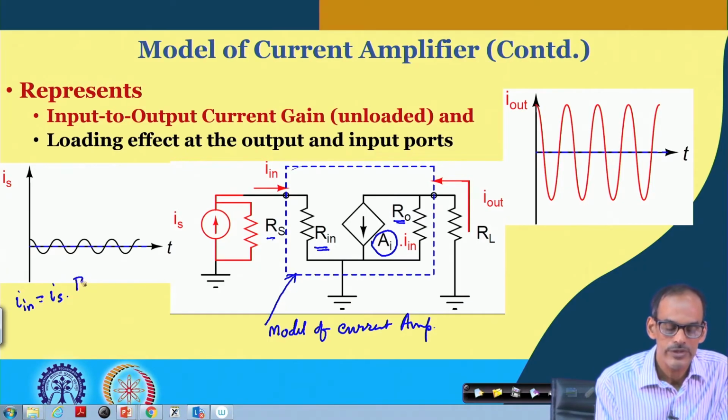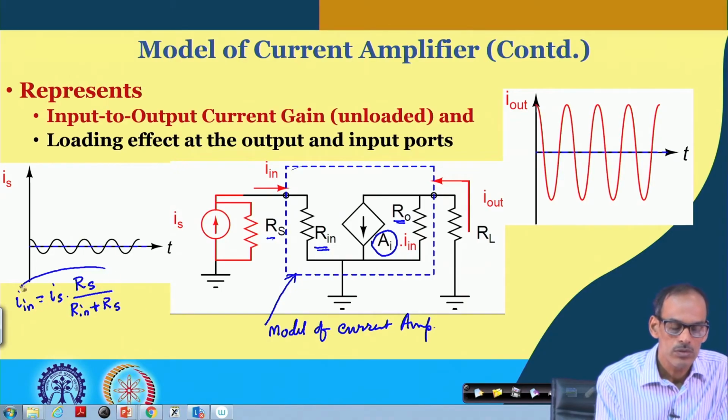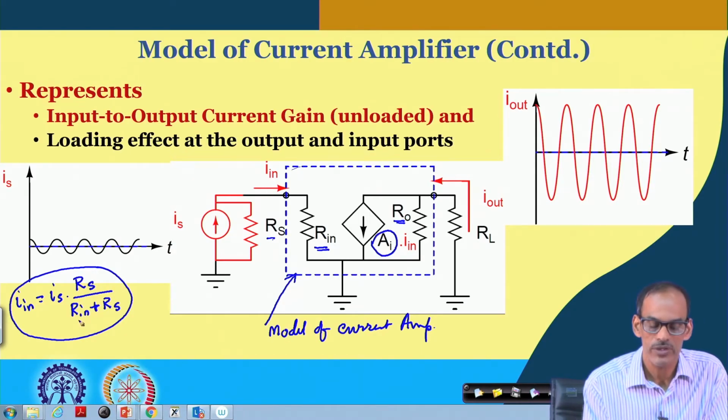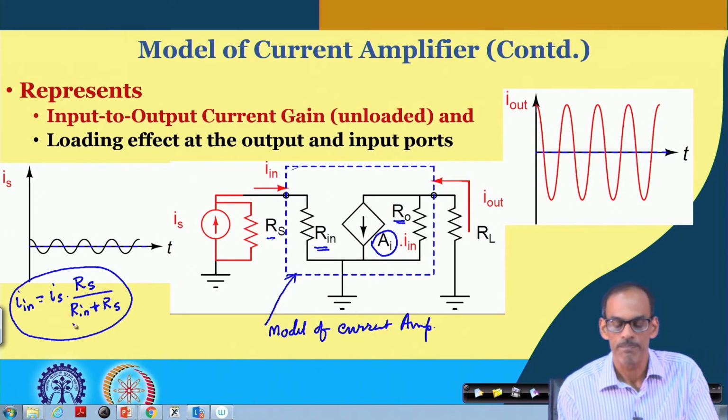Or simply, I_in = I_s times R_s divided by (R_in + R_s). So at the input, the loading effect is captured by R_in.